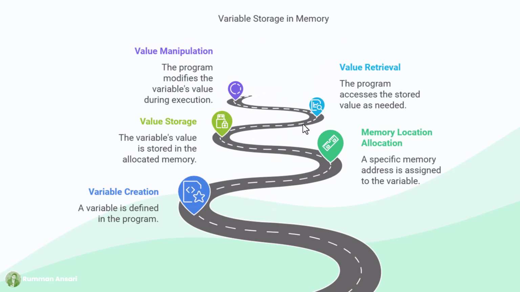Now, as you can see in this picture, the first step is variable creation. A variable is defined in a programming language. Then memory location allocation: a specific memory address is assigned to that variable. Then value storage: the variable's value is stored in the allocated memory.